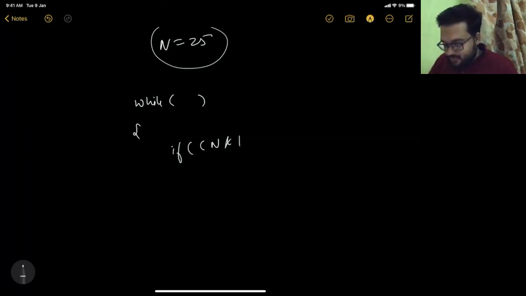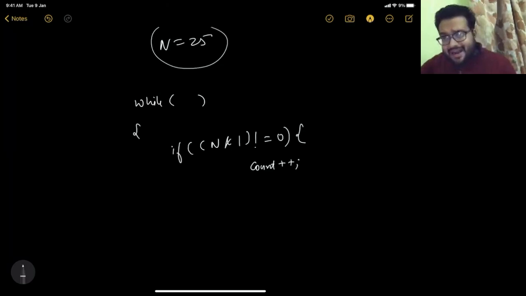Else you will not do anything. And after your if condition, inside the loop, you will say n is equal to n right shifted by 1 and you will keep on repeating this. How many of you guys understand this? As your loop ends, you will return or print the count that you have aggregated.